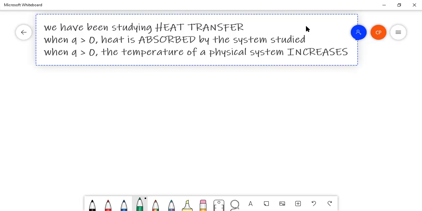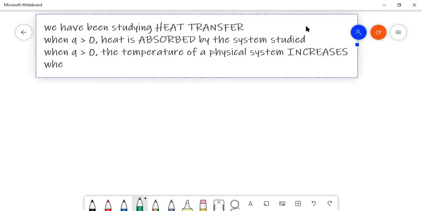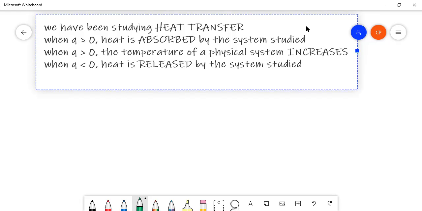So if Q is greater than 0, heat is absorbed. When Q is less than 0, heat is released. Thank you for that knee-jerk answer. And when Q is greater than 0, the temperature of a physical system is increasing.